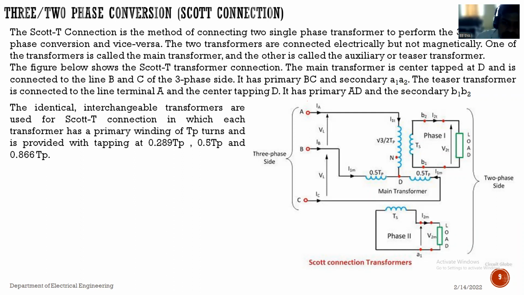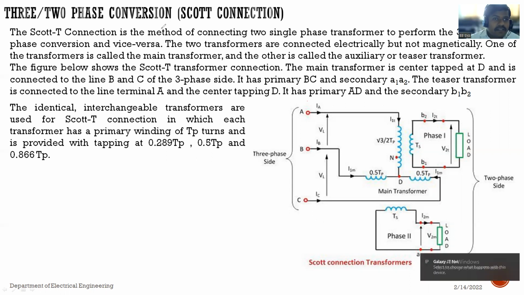See, in that this one is the teaser transformer. Can anyone tell which one is the teaser and which one is the main transformer? Look at the diagram. Phase 1. Which one?